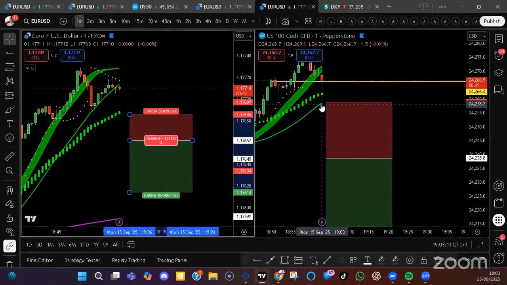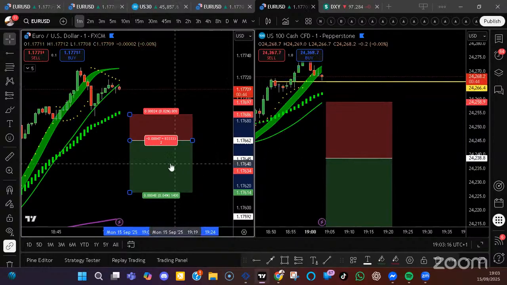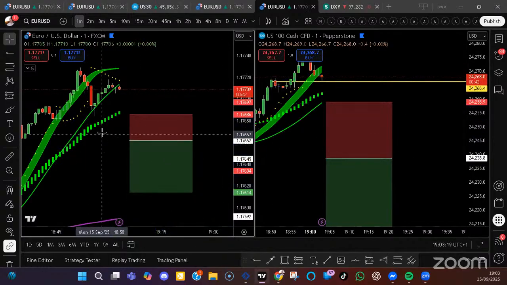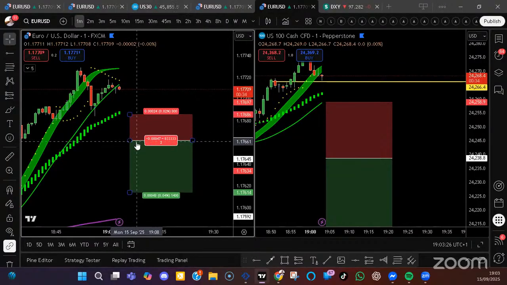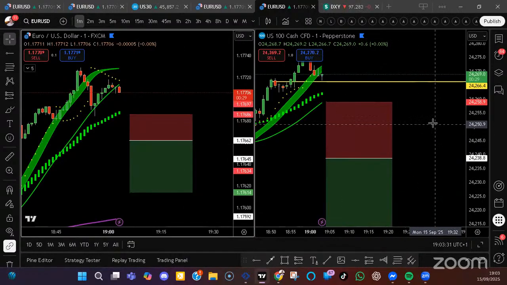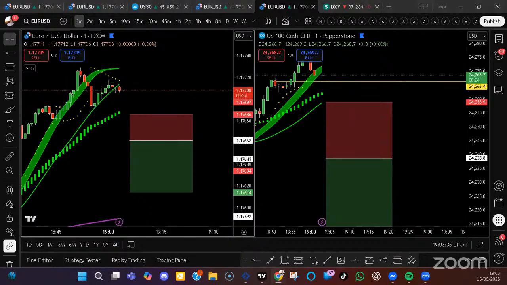The trend line is going to be where the stop loss is for the US 100 because that will be closest to the entry. Whereas the difference between that and the EUR USD is the wave, if that turns red, will be the closest to our entry on the EUR USD. So there's a bit of a difference there at the moment. But we're here looking at them both, and we're waiting to see.